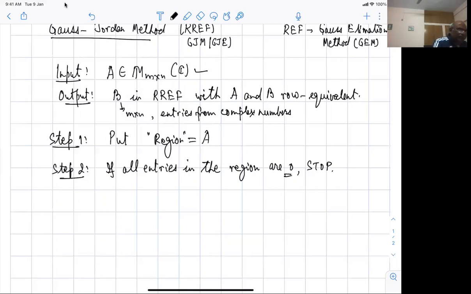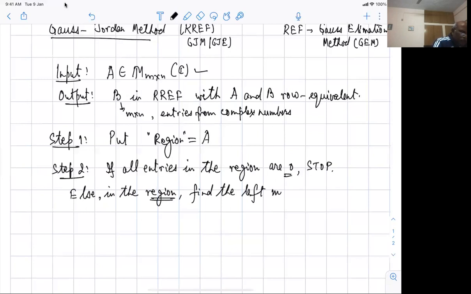Else, in the region itself, do not look anywhere else. The region is very, very important. In the region, find the leftmost non-zero column.